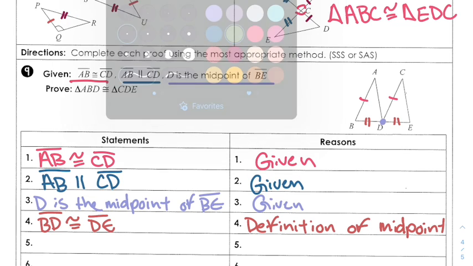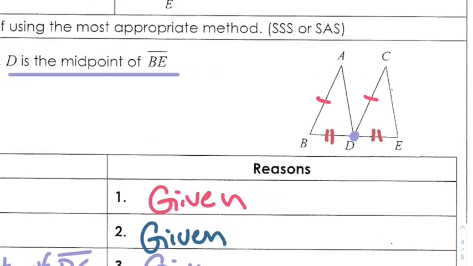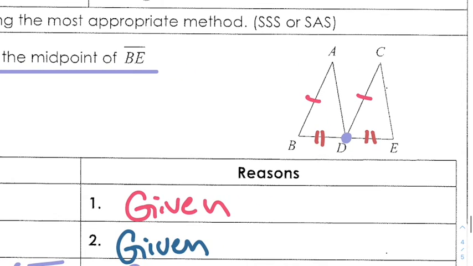Now let's go back to this statement right here, okay? Let's talk about the parallel lines, and because we have parallel lines, we know we're eventually going to get a relationship, right? So line AB is parallel to line CD, and that's given, which means AD is a transversal and BE is a transversal.